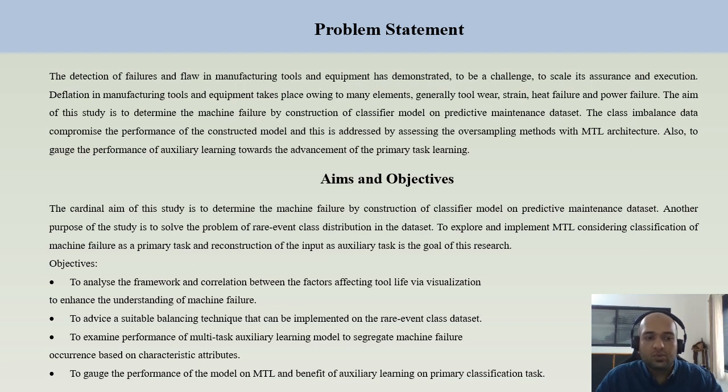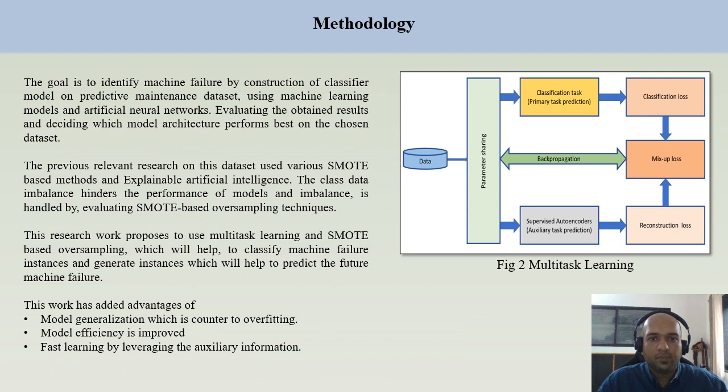Next, to examine the performance of the multitask auxiliary learning model to segregate machine failure occurrence based on characteristic attributes. And last is to gauge the performance of the model on multitask learning and the benefit of auxiliary learning on a primary classification task.